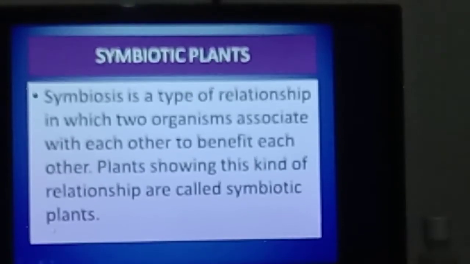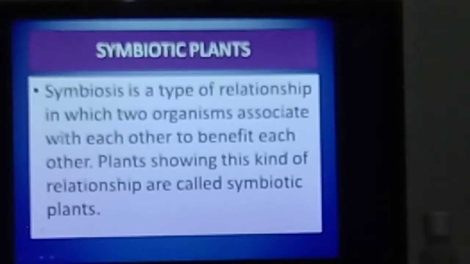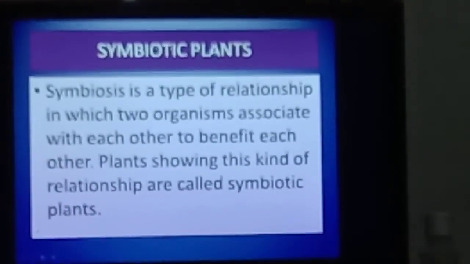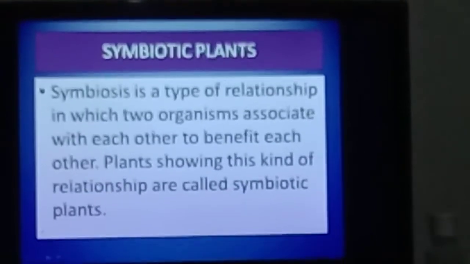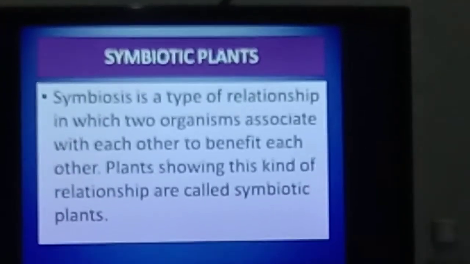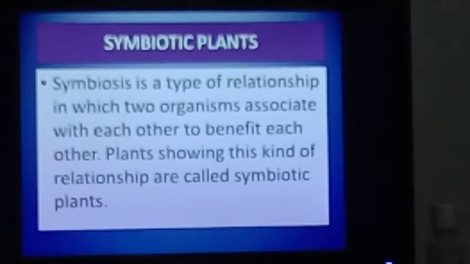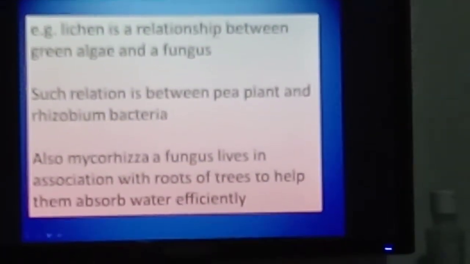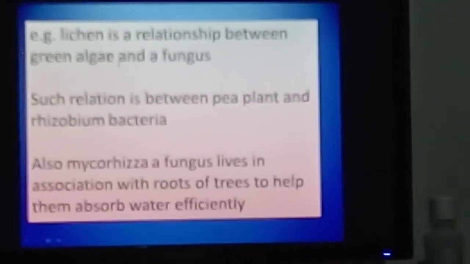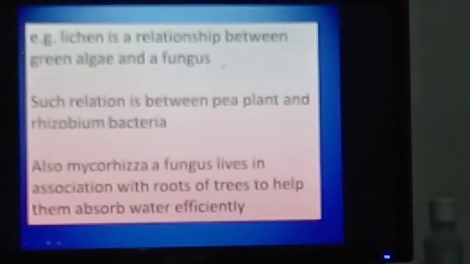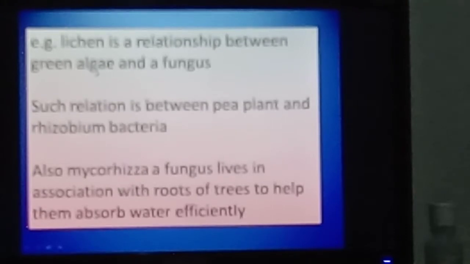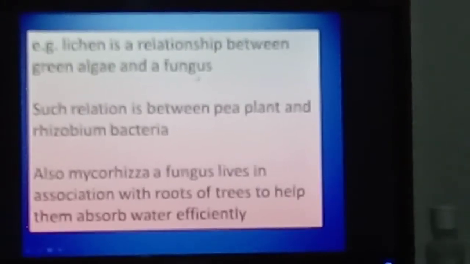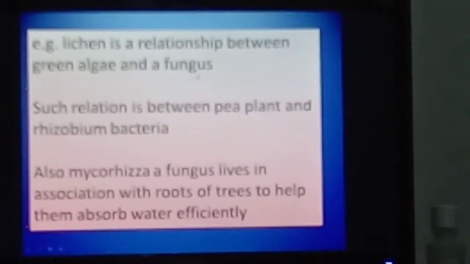In this kind of relationship, both the partners are benefited and there is no harm to anyone. Example, lichen is a relationship between green algae and a fungus. The green algae produces food and the fungus provides shelter.